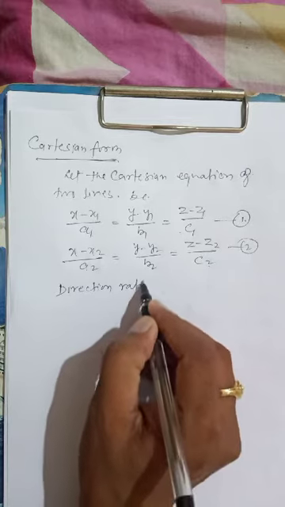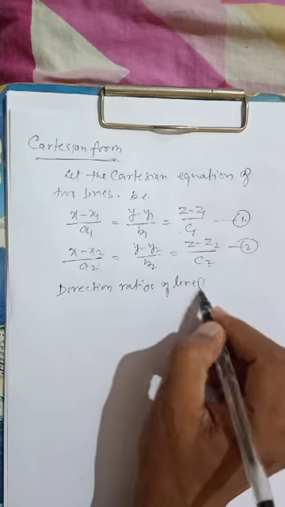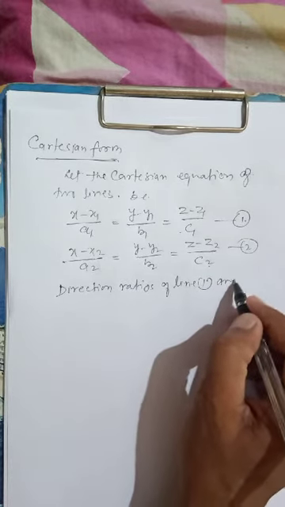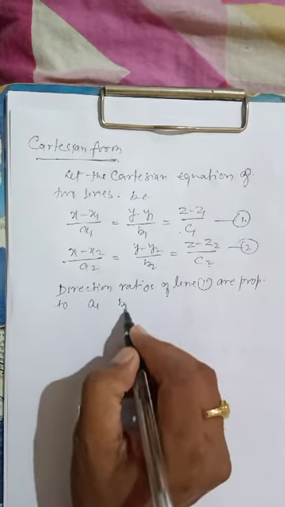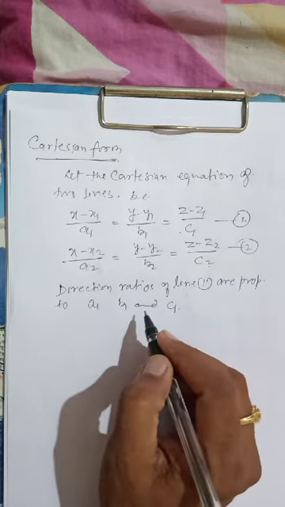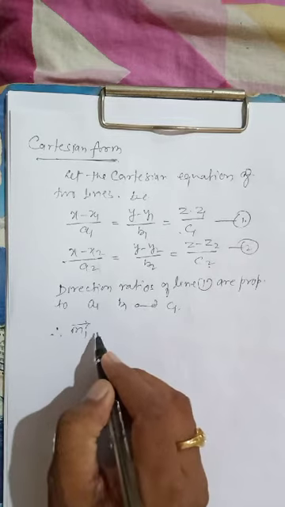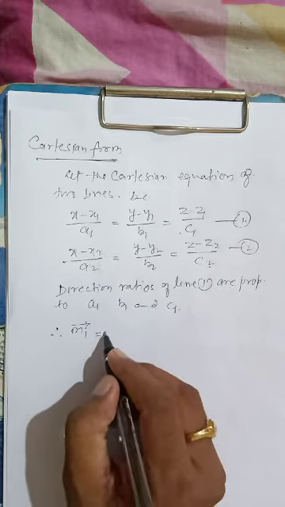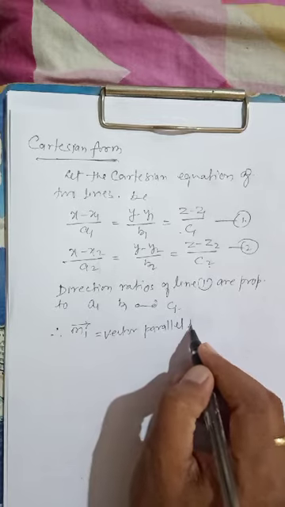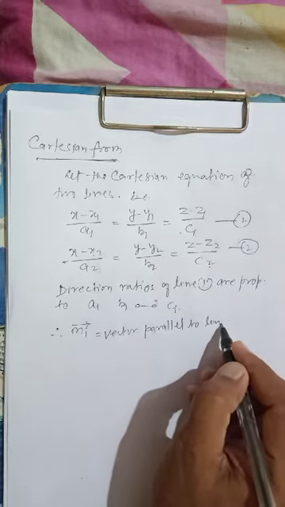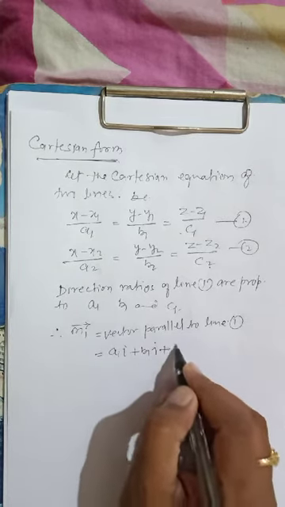Therefore, if I consider a vector m1 that is parallel to line 1, it is given as a1i plus b1j plus c1k.